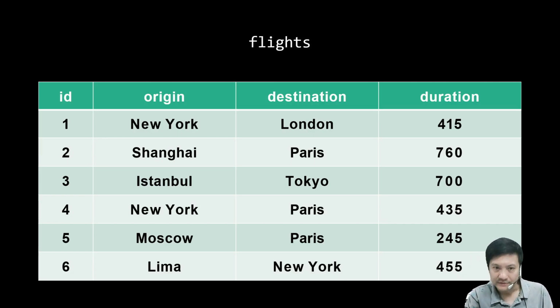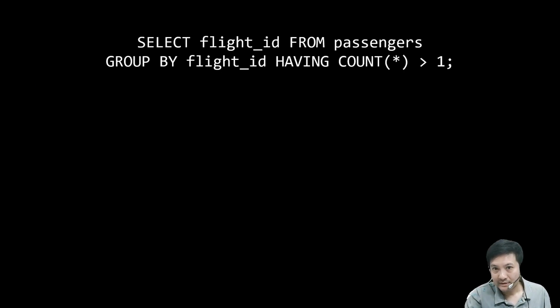For the example you see here, we have passengers, and first of all we have some queries called group by and having. This is the most difficult part for SQL learners at the beginning. A lot of people really don't understand what group by is and when to use it. But this is quite straightforward.